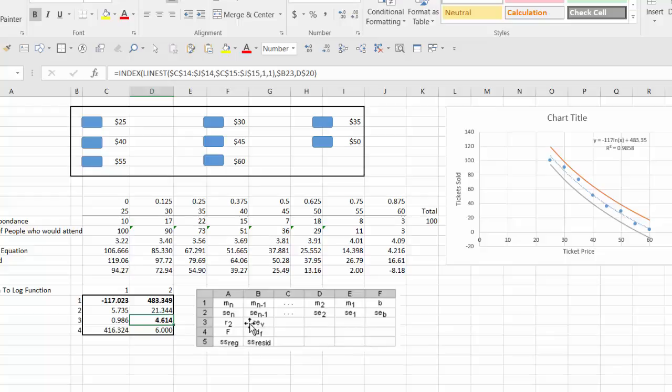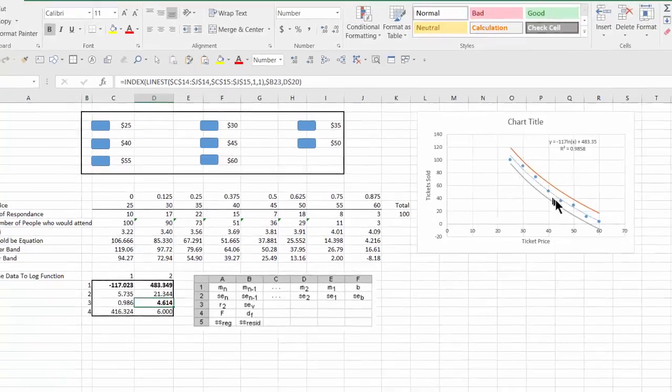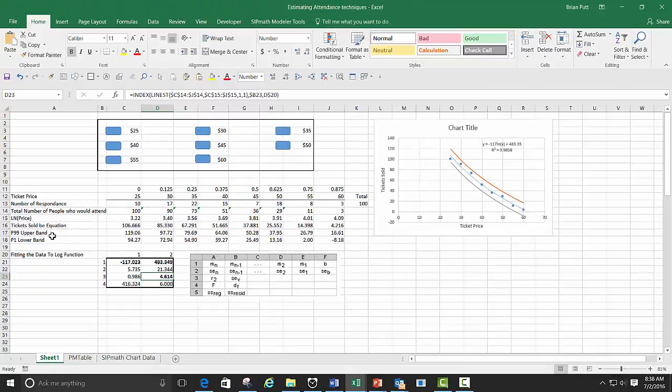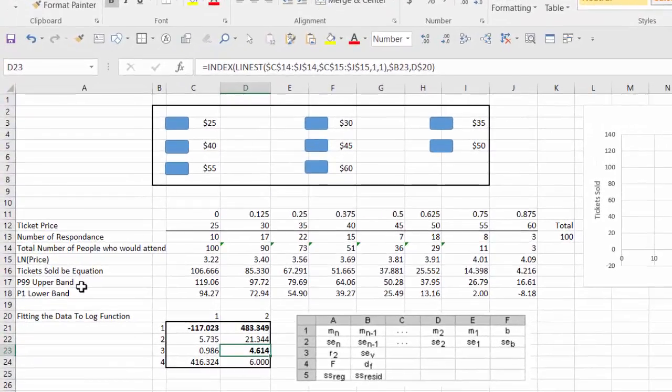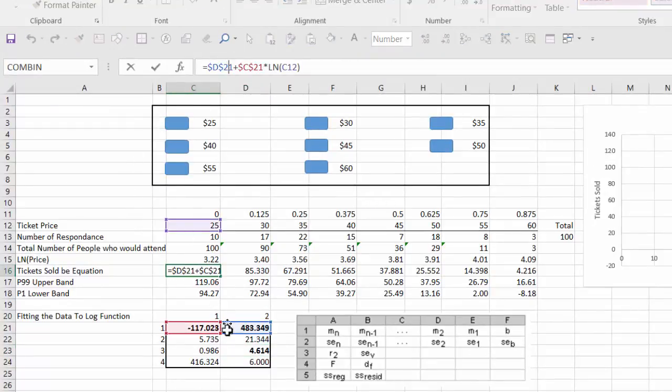How can we use that to come up with a confidence interval around our estimate? Well, first of all, we need to calculate how many tickets will be sold by the equation. So over here, I have used the 117 and the 483 to calculate how many tickets would be sold.